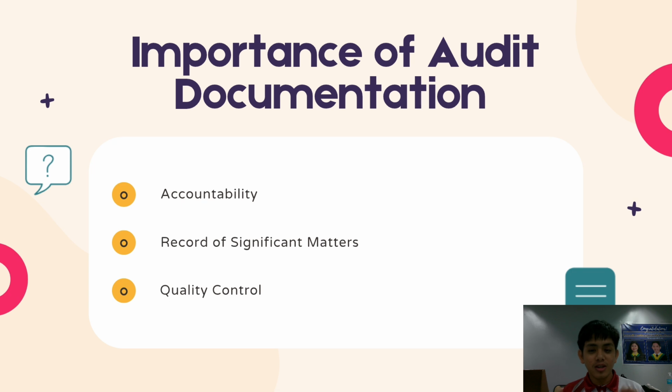This includes the issues that were identified, the discussions held with management, and how the auditor tried to resolve the matter. Documenting significant matters ensures that future reviewers can understand the reasoning behind critical decisions made during the audit. One of those future reviewers will also be the next auditor.